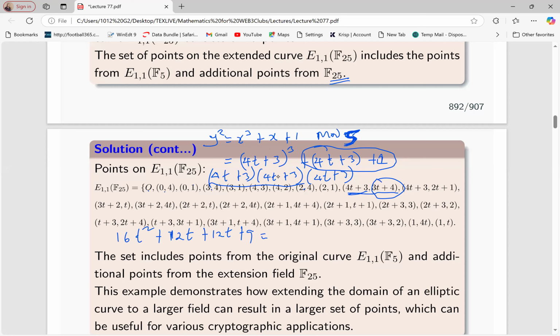So when you simplify this, you have 16t squared, then plus 24t. But remember, we are doing it mod 5, then plus 9. So when you remember that we are doing it mod 5, it means that this will be t squared, because we are doing it mod 5.